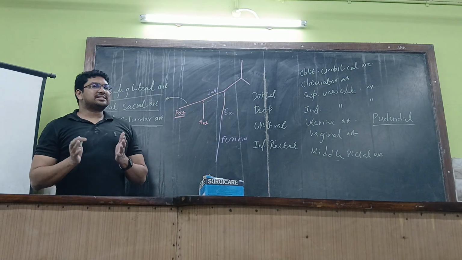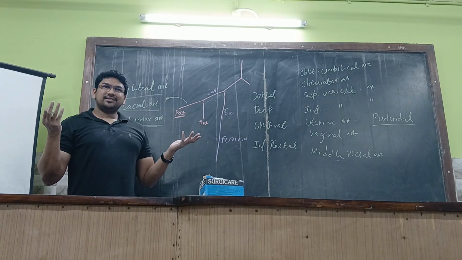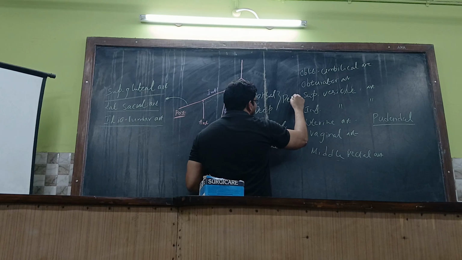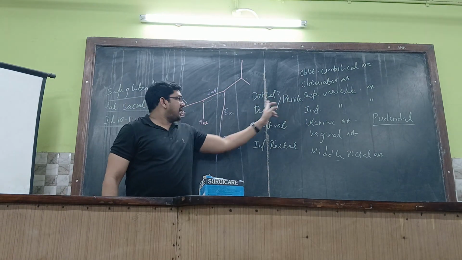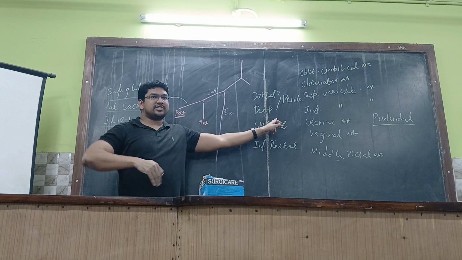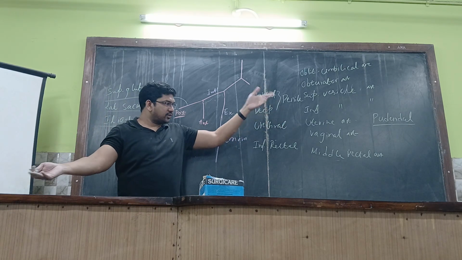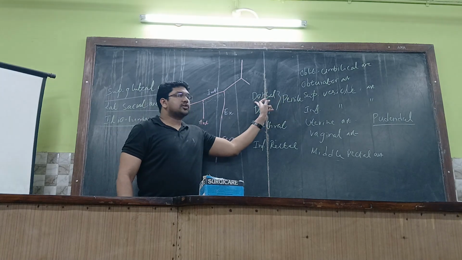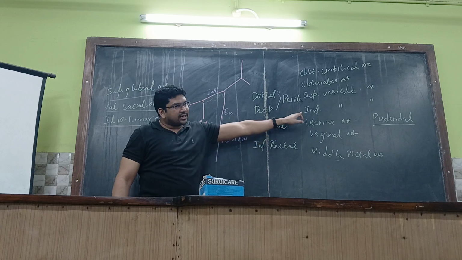The genital region in case of males contains the dorsal penile artery and deep penile artery. In case of females, what is the representation of the penis? Clitoris, absolutely. Okay. So the dorsal artery of penis or dorsal artery of clitoris, and the deep artery of penis or deep artery of clitoris.